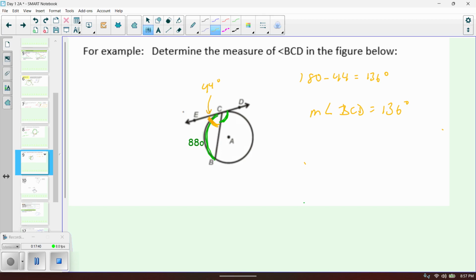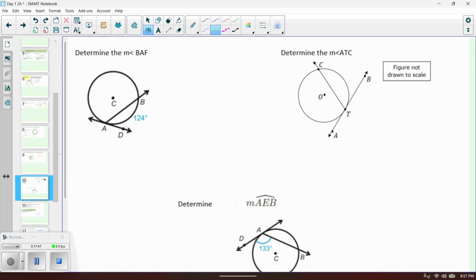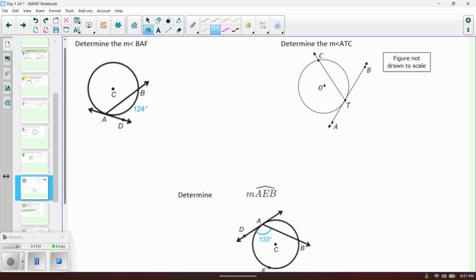Okay, and just a completely different way of doing it. Okay, and on the next page, there are 3 more. Why don't you guys, if you can, go ahead and give those a try, pause the video, and then come back to it after you've given it a shot, and see if you can figure it out. I do need to add one thing in there for you before you do that, however.